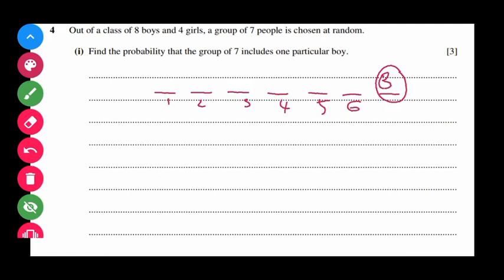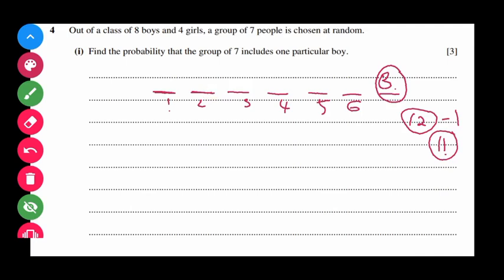But out of 12 students, what happened? One boy is already chosen. One boy is already selected. Isn't it? So remaining we have only 11 students. Okay, so out of 11 students, choose any 6 to fill these places.